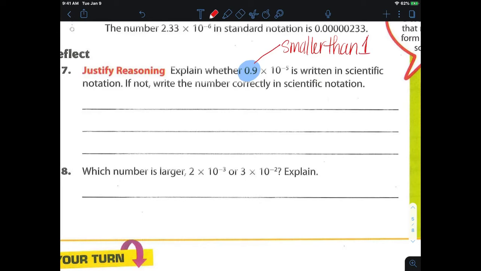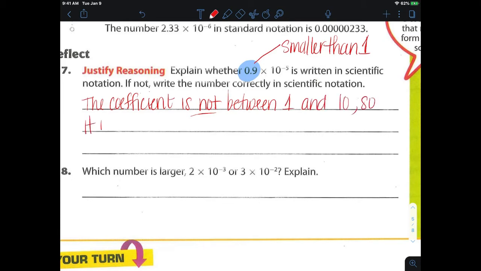So now I'm going to go ahead and write that in a sentence. The coefficient is not between 1 and 10. So it is not appropriate scientific notation.